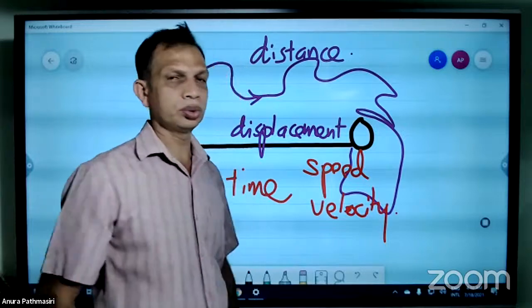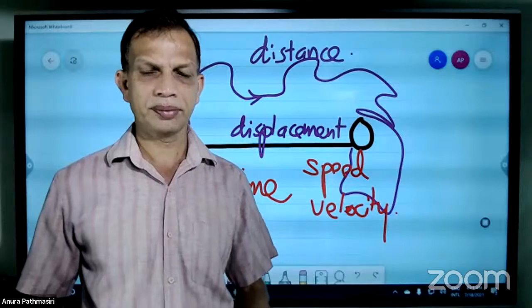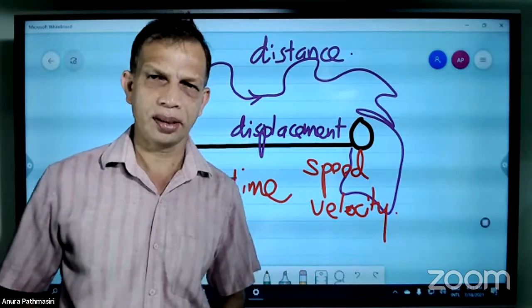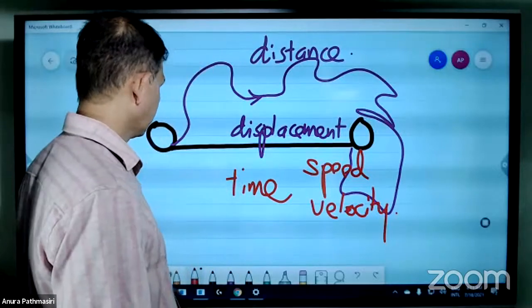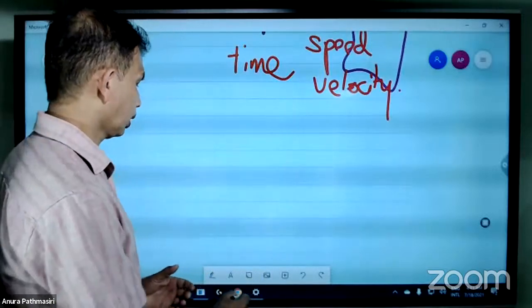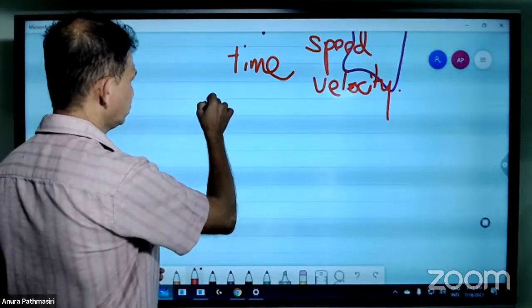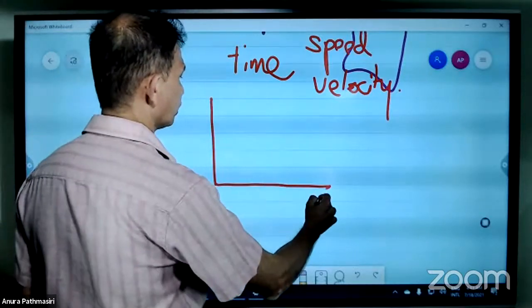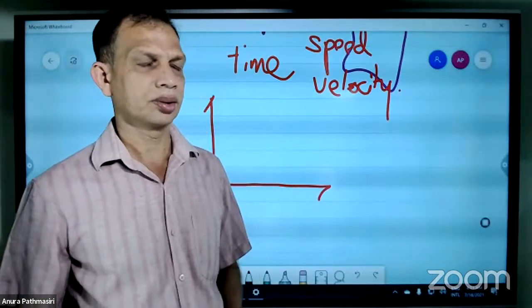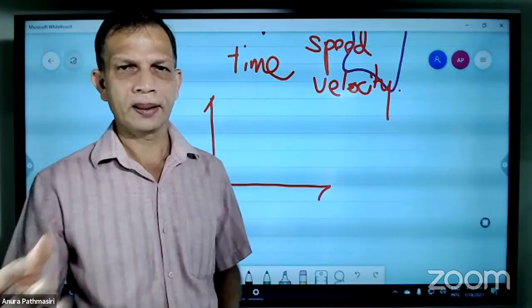So let's go and study step by step, revising what we have learned about motion in a straight line. Not only that, there are some other things that we have to relate. That is motion in a straight path, and how it connects with the graphical representation, which is very difficult for somebody to understand.